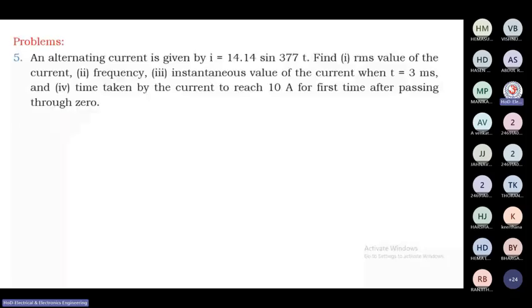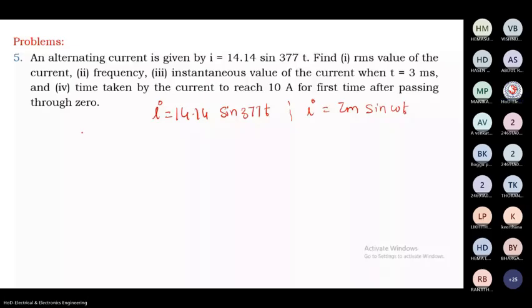So this is the next problem which is with respect to the similar kind of what we have done previously. So the maximum value 14.14 amperes. Then angular frequency omega, which is nothing but 377. These are the data which you get from this instantaneous representation of the sine wave. So first one is to find the RMS value.